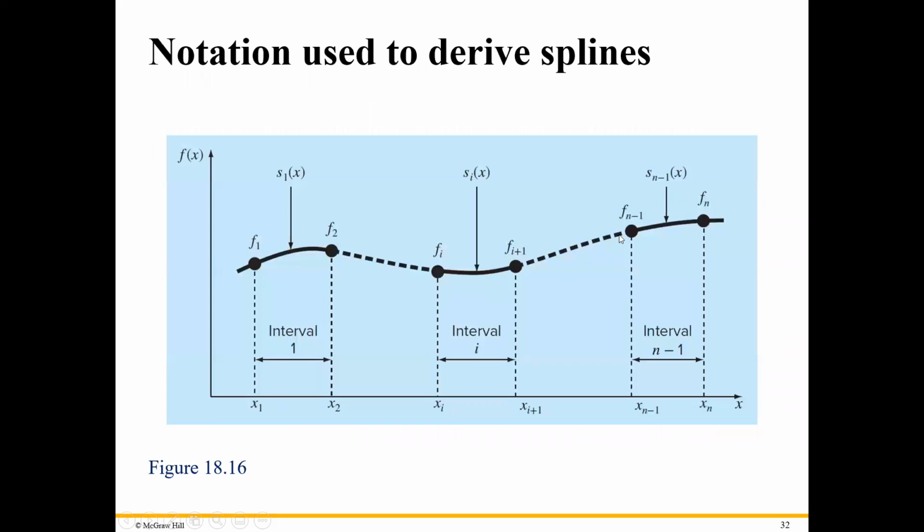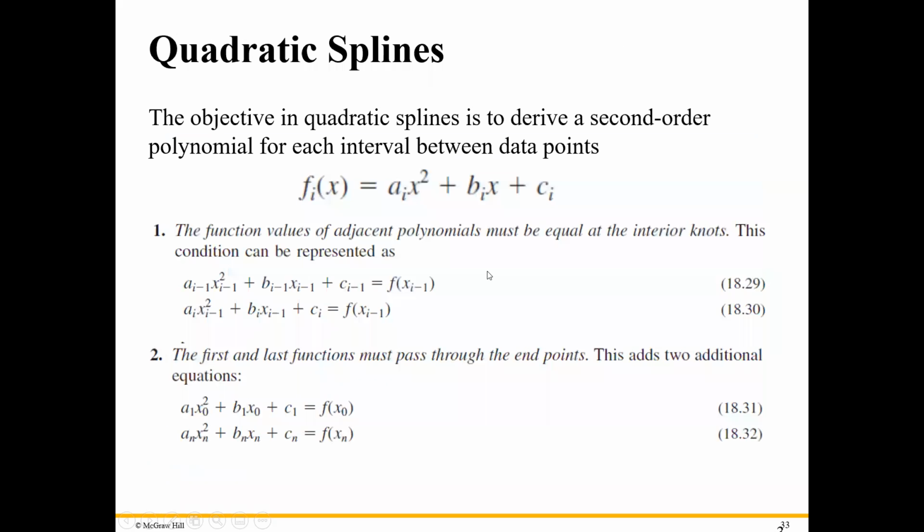So for example, if we have this curve over here, for this interval, we will use the index i minus 1. Okay, so for example, in this case, this is the previous term.